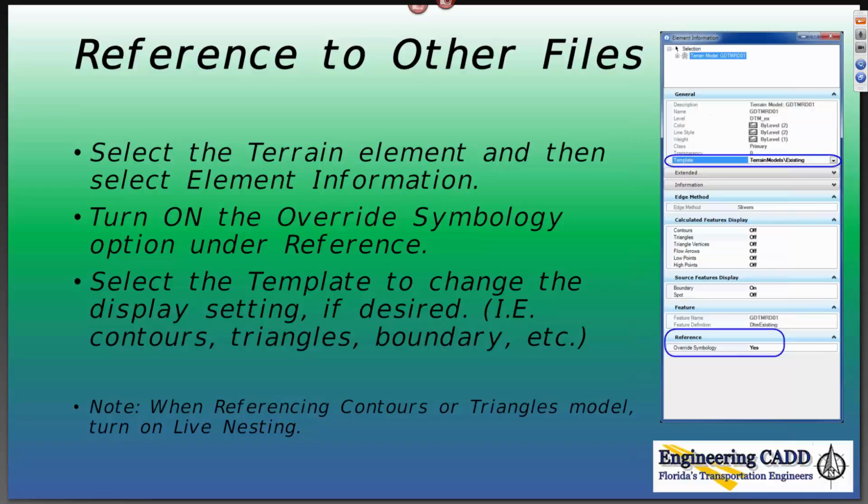I'm still going to need to turn the features on, but instead of controlling it through the features, I need to go up to the template option under General and select an element template. Currently what you guys have are all triangles. There's proposed, there's one I think existing that just shows the boundary.